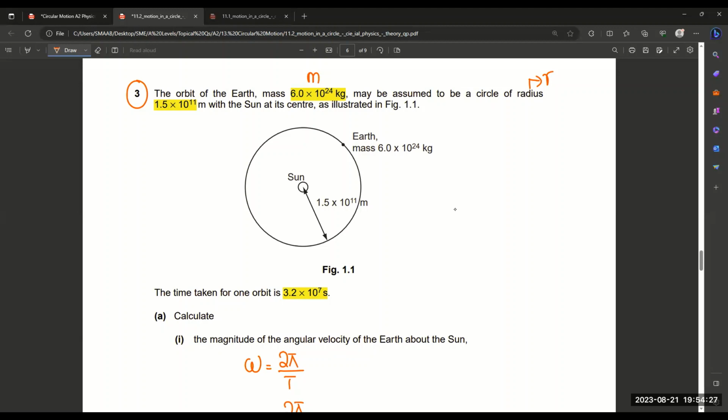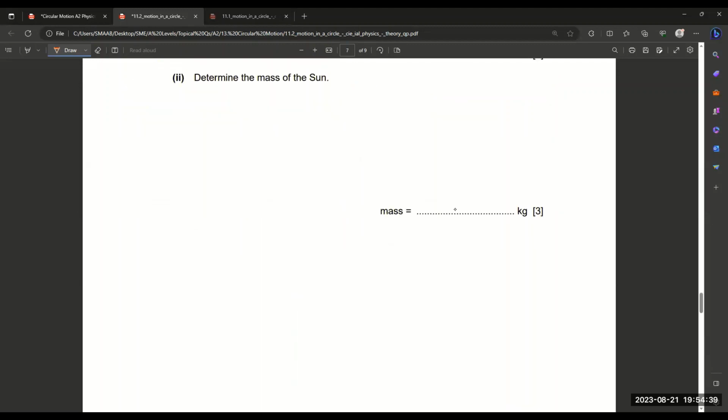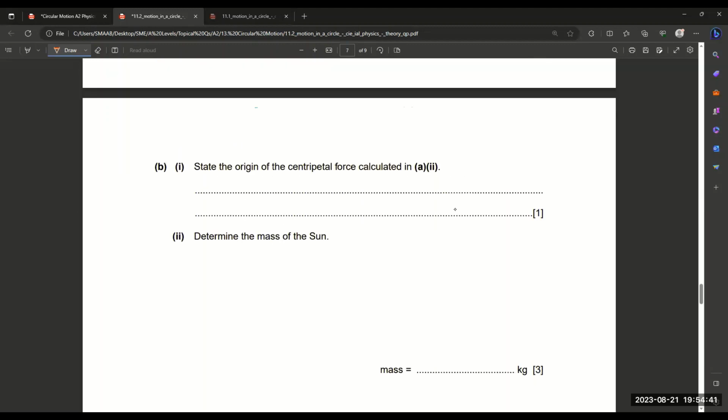But in this situation, there is a concept of gravitational force or gravitational field strength that helps us move the earth in a circular path. We will also discuss this concept in the next chapter of gravitation, but this is just general one. So that's why I'm writing for part one in question B, because that is only for 1 mark.